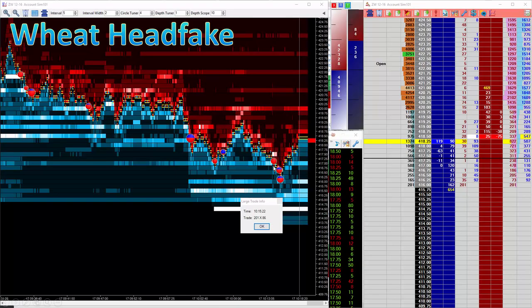Now in this case, we can see that the 201 contracts traded at the bottom is a real outlier. If you look at what traded everywhere else, 201 is way bigger than we saw trade anywhere else on the way down. As we move up from there, we can see an imbalance on the current trades to the buy side.